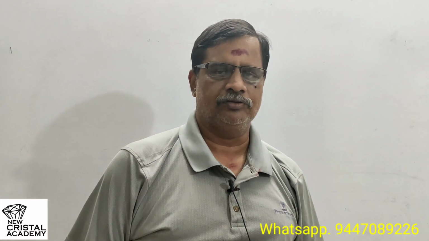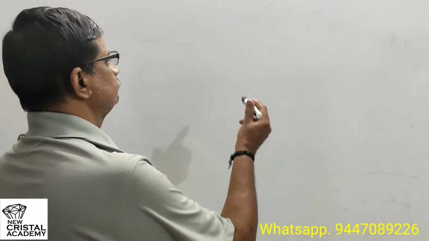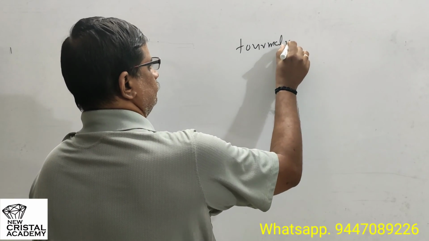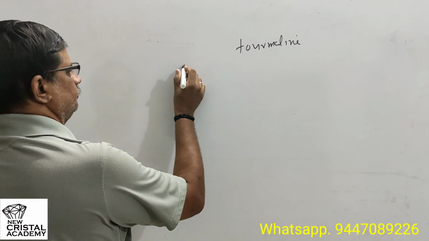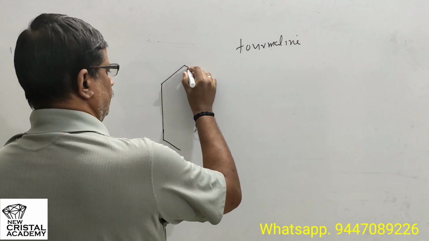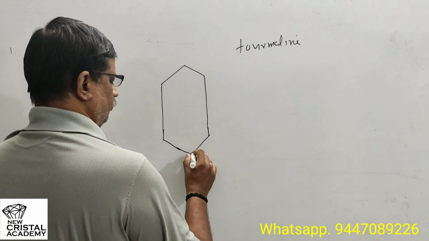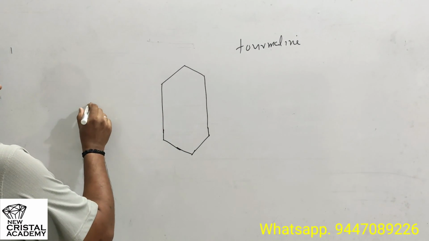Let's see what happens when ordinary light is passed through a crystal called a tourmaline. We will take a tourmaline crystal and let ordinary light pass through it. This crystal has a crystallographic axis.